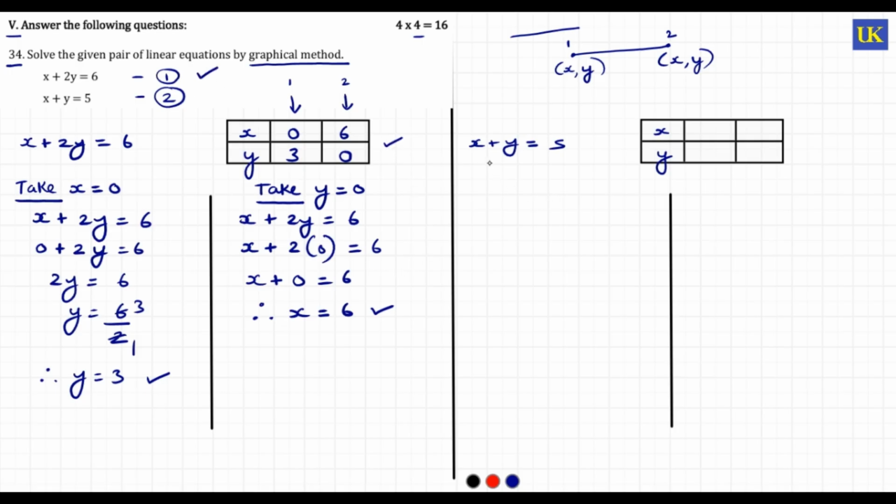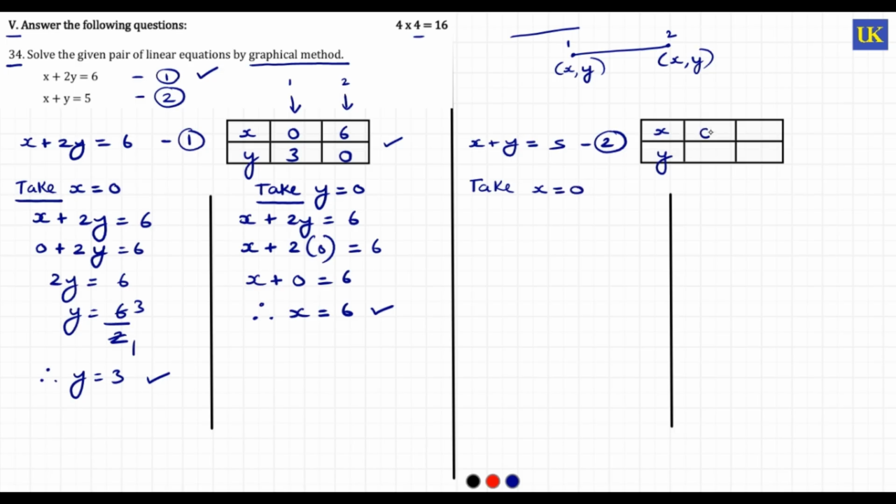Now similarly we'll do it for equation 2. This is equation 1, this is equation 2. What we did for equation 1, same thing we'll do for equation 2. Here also we will assume some value of x or y. So let's take x is equal to 0.